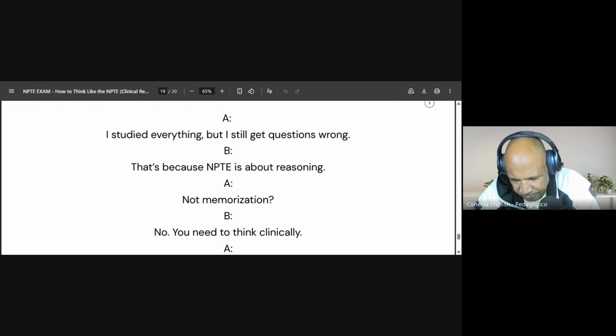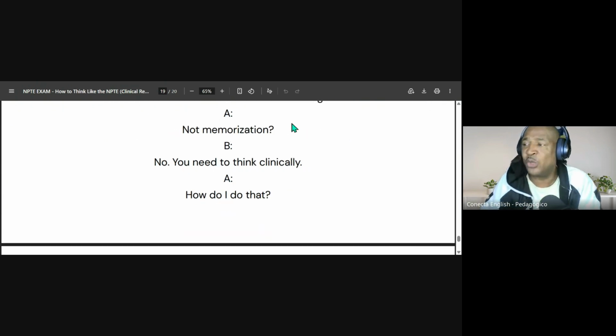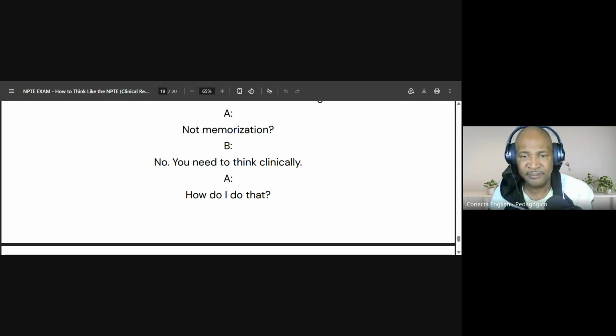Well, that's because the NPTE is about reasoning. So it's not about memorization. No, you need to think clinically. Think clinically, all right?